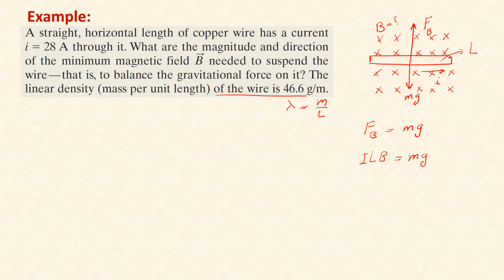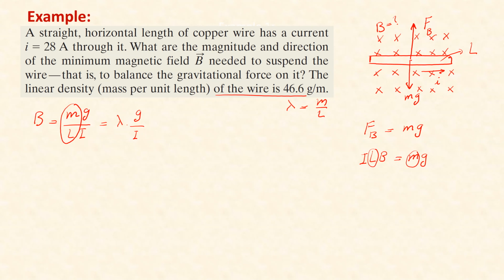So you see, if I put mass divided by length, I get lambda. If I solve for B, B will be mg over L I. So this m over L is the lambda. So it becomes lambda g over I, right?